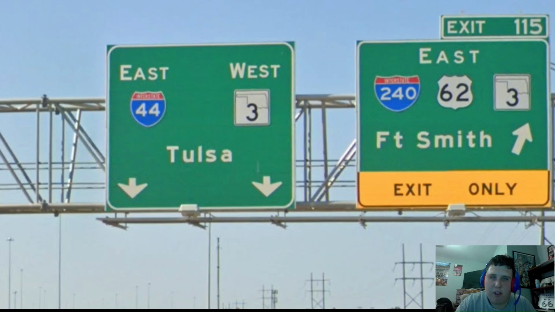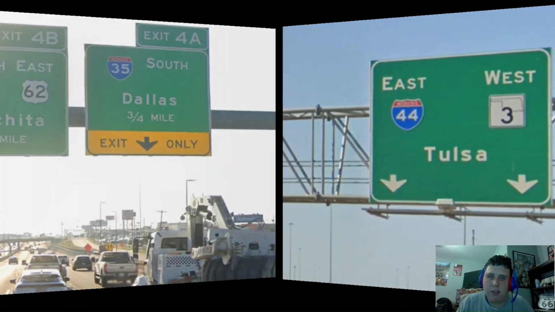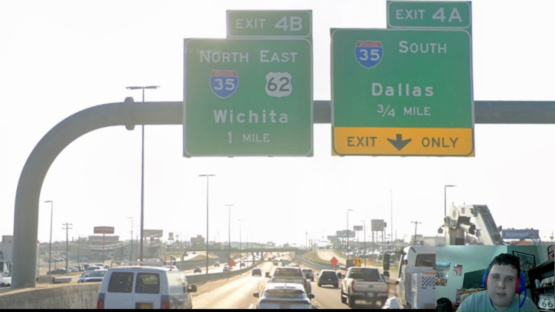Here you are splitting off from Interstate 44 to join Interstate 240. We're going to be concurrent with 240, and we're heading east to Fort Smith. And here we're joining Interstate 35, and 62 is going to be concurrent with 35 as it heads north to Wichita, which is absolutely correct.